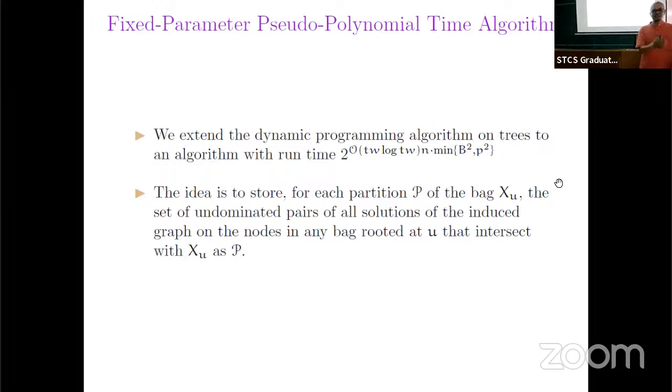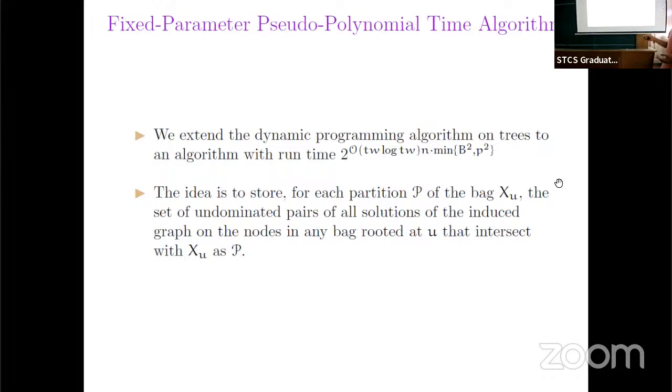Computing a tree decomposition is NP complete, but there is an algorithm with running time treewidth to the power treewidth, with which you can compute a tree decomposition. If you want approximation, then you don't need treewidth to the power treewidth; you can do it in single exponential, I think 8 to the power treewidth, approximating the treewidth. Because of that result, we can assume without loss of generality that we are given a tree decomposition.